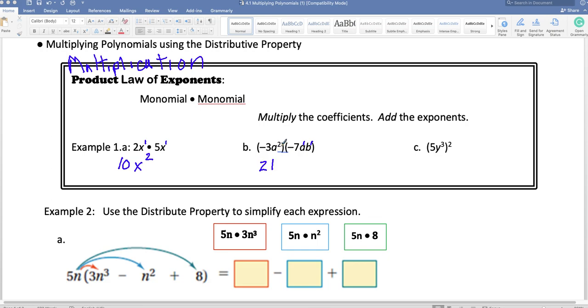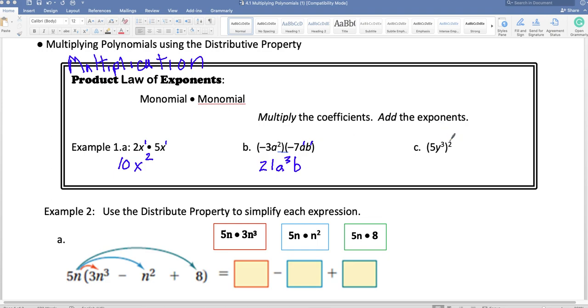And I've got an a to the second power and an a to the first power. 2 plus 1 is 3. While I don't have a b in this term, I can't throw that b away, so it just comes along for the ride. I can keep the 1 or not, but that's what it is.